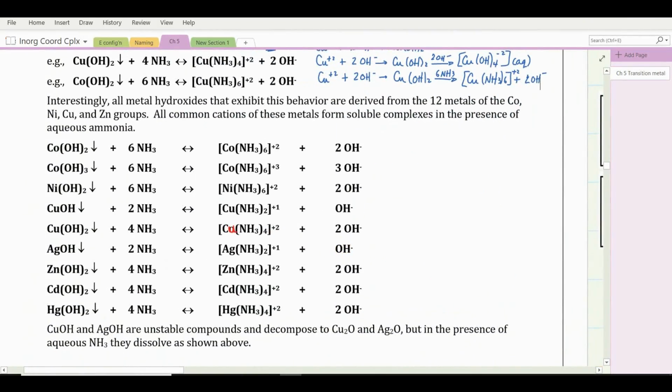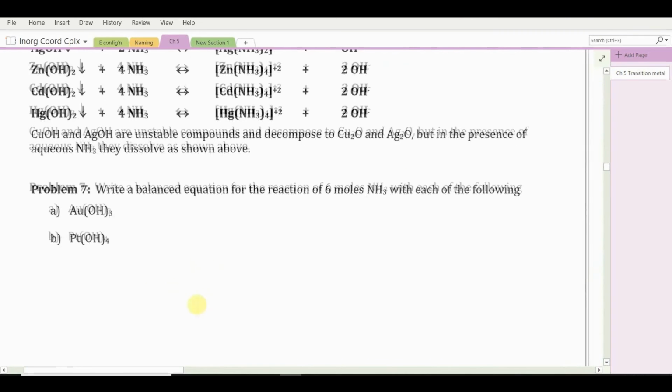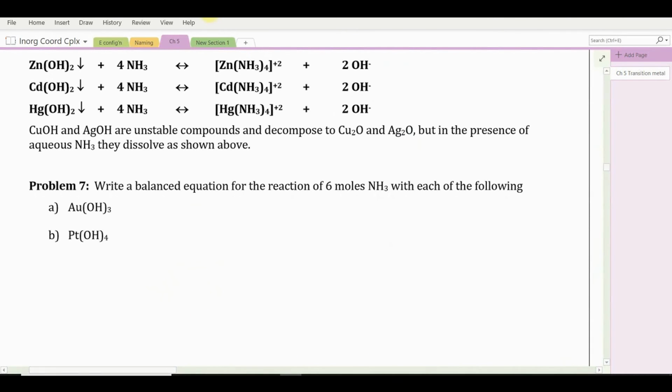Now, obviously, you're certainly not expected to memorize the combining ratios of amines to metals because they're not consistent. I don't see a particular pattern or a rationale for it. But given a problem like this, I think you could answer this. Let's give it a try.